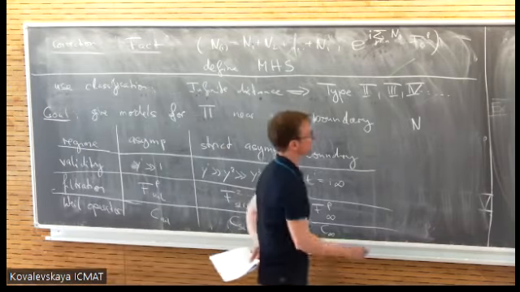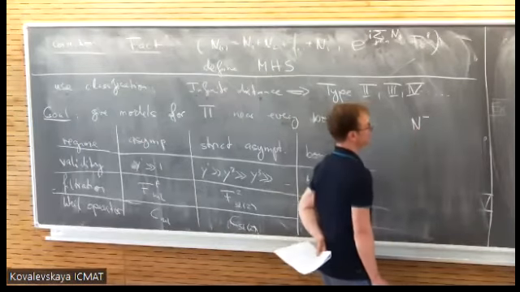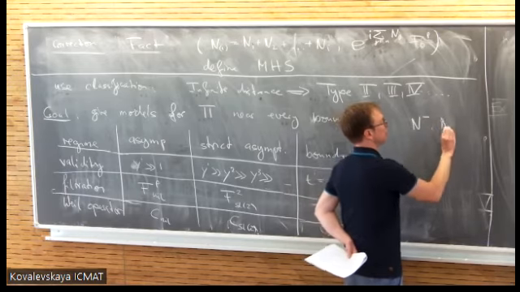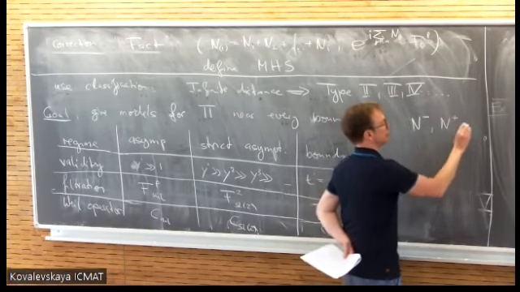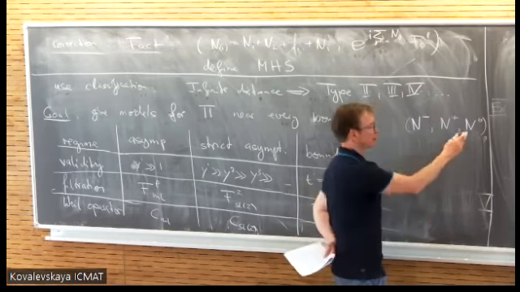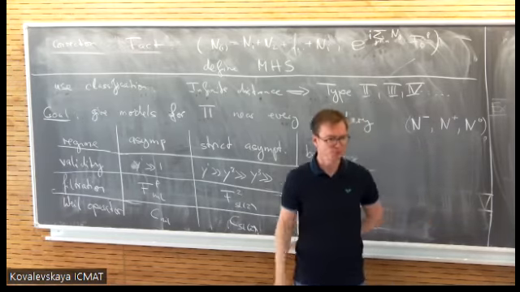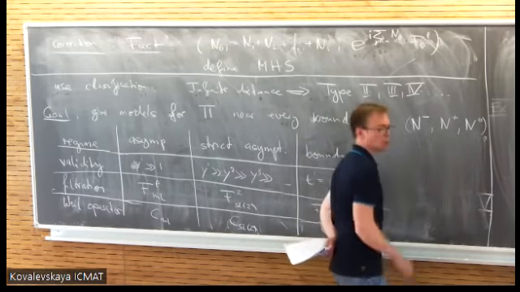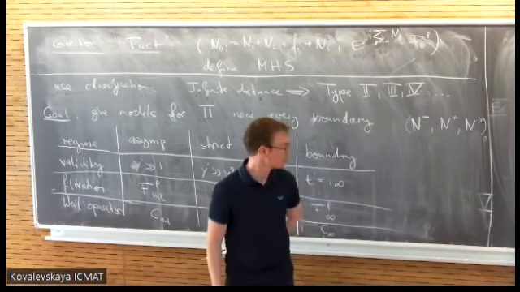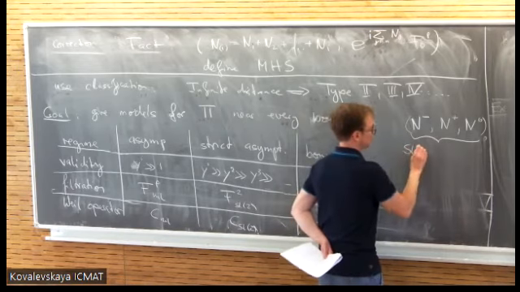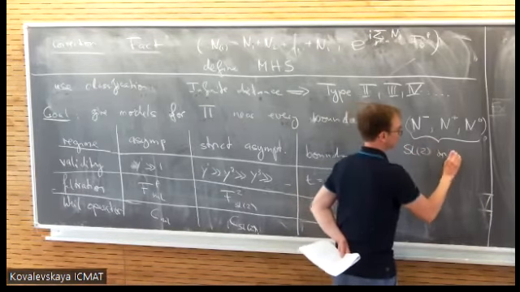So you should think about them as being part of an SL2 algebra, which has a lowering operator, which is this N. I put a minus here. Then there's a raising operator. And then there is a level operator. What's the name of such an operator? Weight. Yeah, which measures the weight of the sum. And then these will form an SL2 triple.